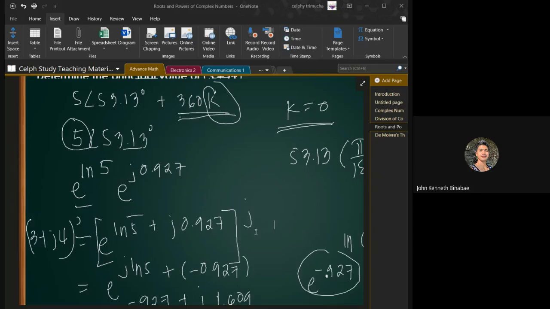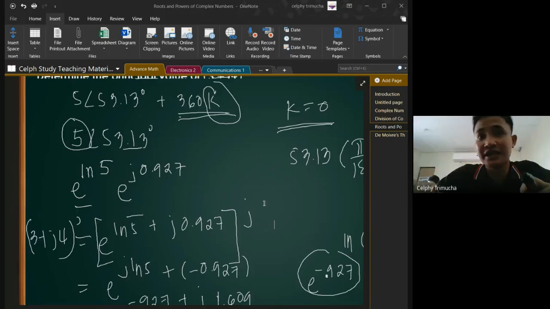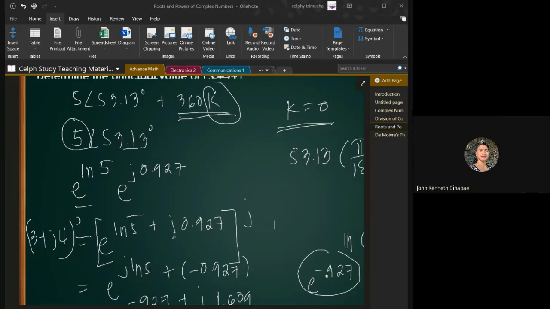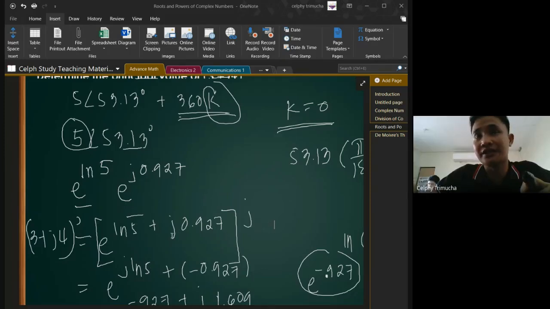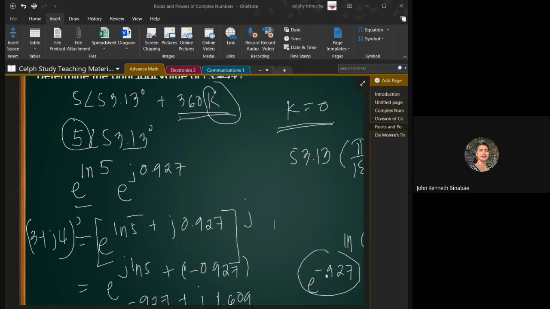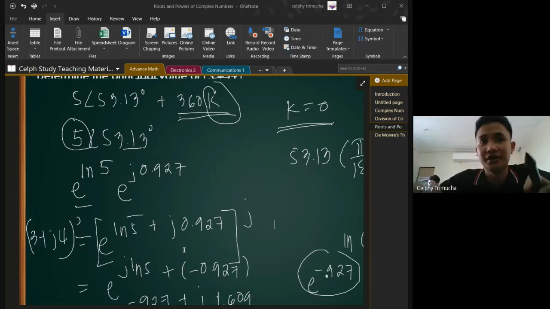Ma-maintain lang ang j ln5. -1 siya kay ma J squared. J times J, ma J squared ka, di ba ma -1 siya? Ay, okay. So mag J squared na siya. Ma-maintain na lang ang j ln5.